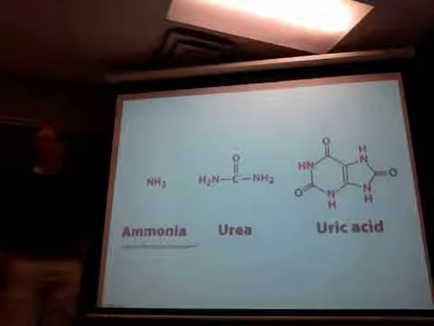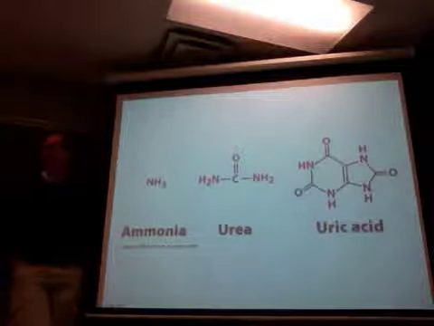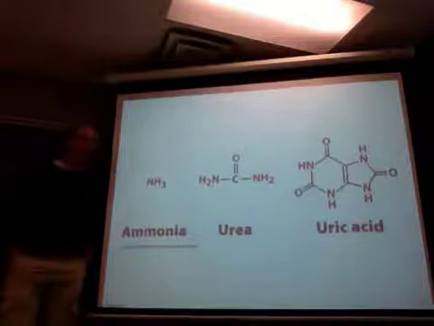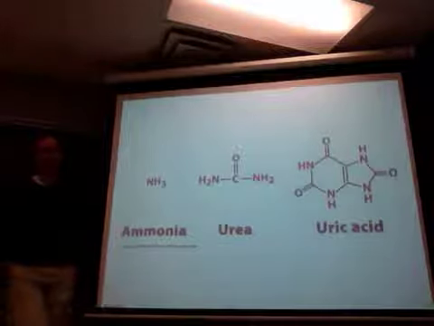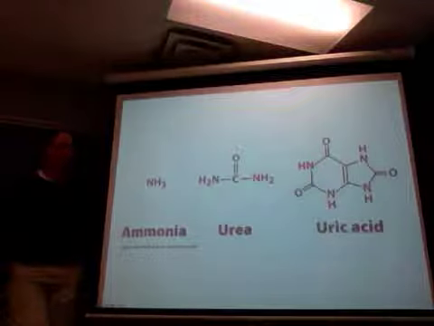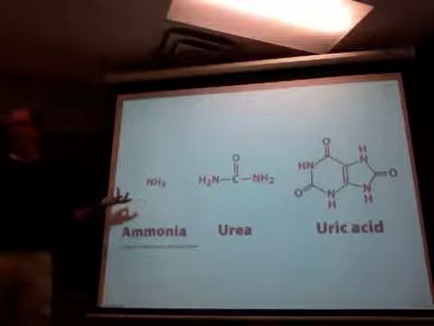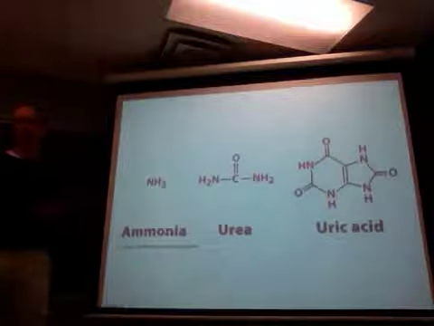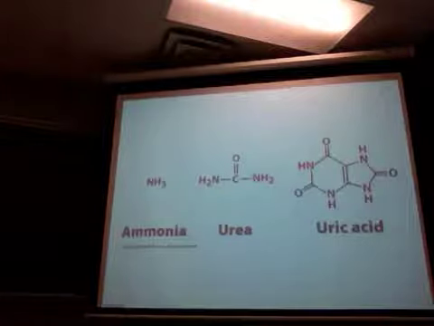Now, ammonia is great. It's really water soluble. Unfortunately, ammonia is also weakly basic, so it affects the pH of the system as ammonia builds up. And we know that biological systems have a limited pH range in which they are functional.